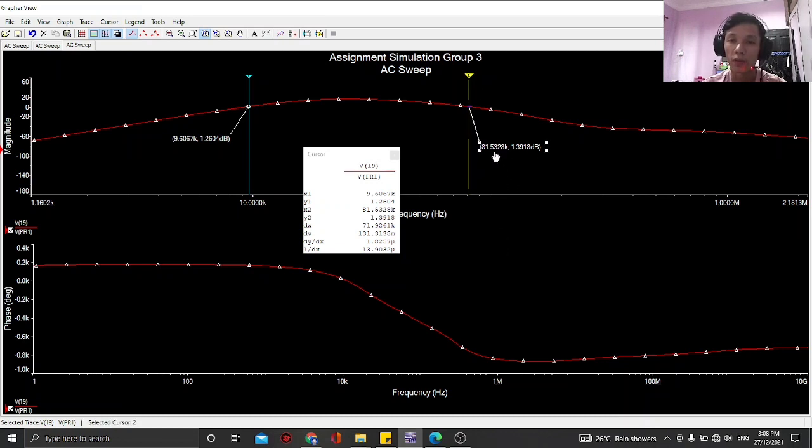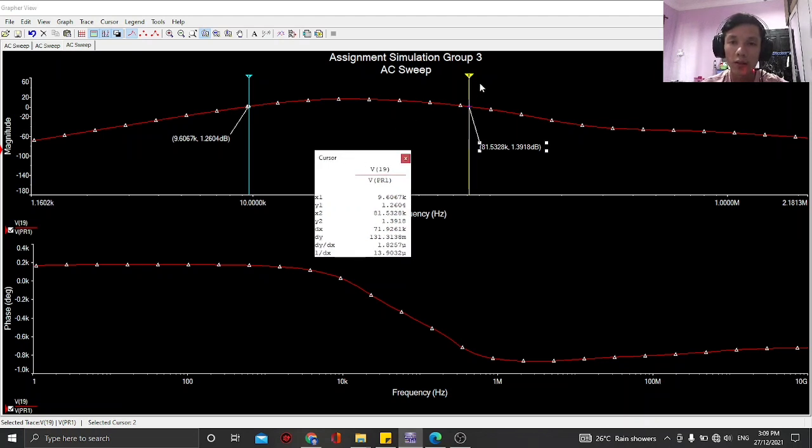The mid gain we get is 16.213 dB, while the given value for the group is 10 dB.